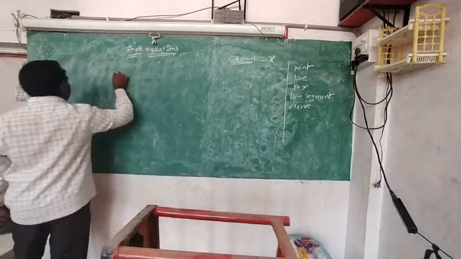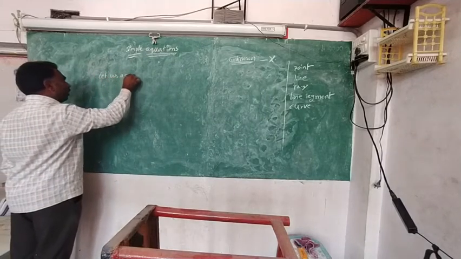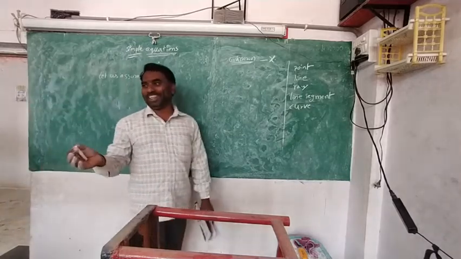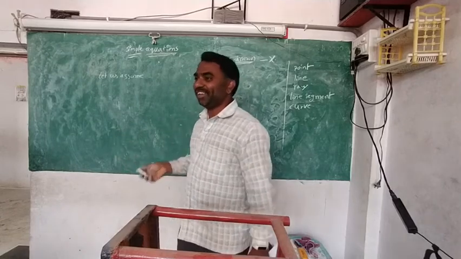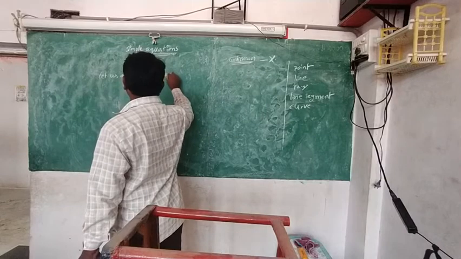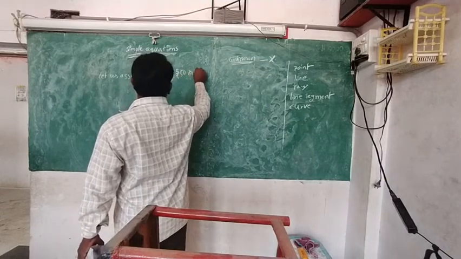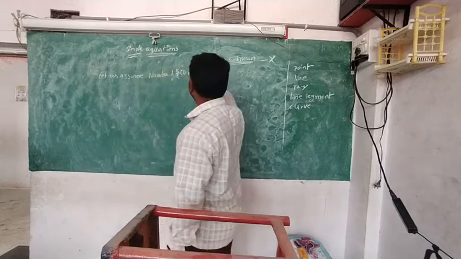Okay, what do you write here? The number of 50 rupee notes. How many 50 rupee notes are there? That is x.